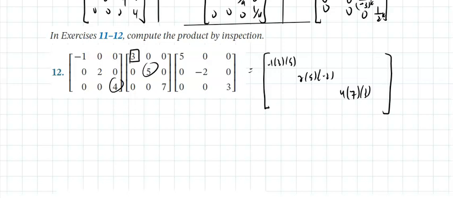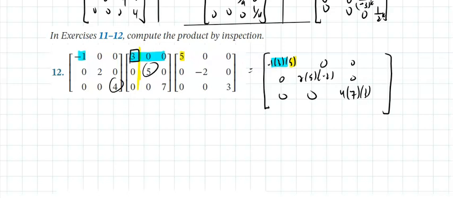And the reason for that, if you multiply negative 1 times row 1, well, the only piece that will get it is the first. And if you multiply 5 by column 1, the only piece that will get it is the first. The rest are all zeros.